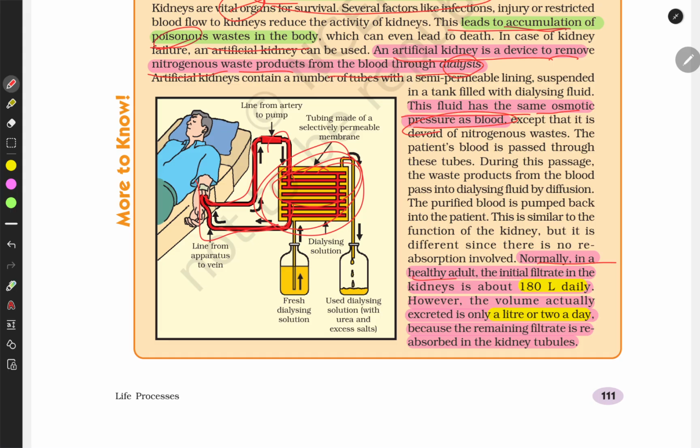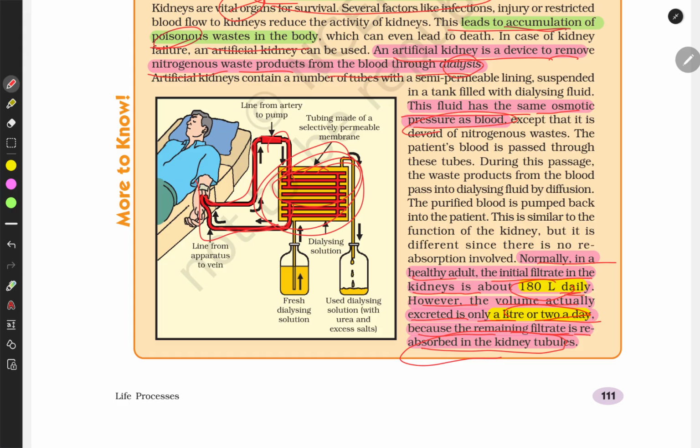Normally in a healthy adult, the initial filtrate in the kidney is about 180 liters per day, however the volume actually excreted is only 1 or 2 liters a day. This is because the remaining filtrate is reabsorbed by the kidney tubules.